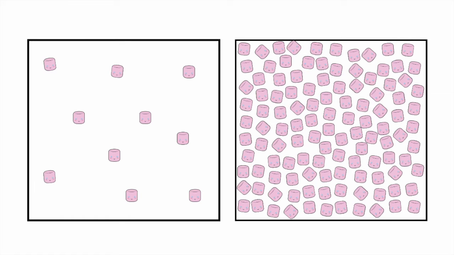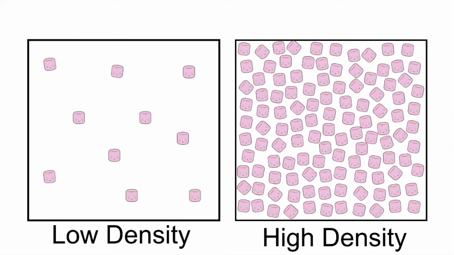Let's compare. We can say that the box on the left has low density, and the box on the right has high density. The boxes are the same volume, the same size and shape, but there is less matter in the low density box than there is in the high density box.